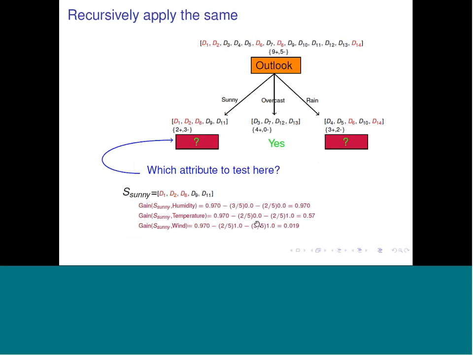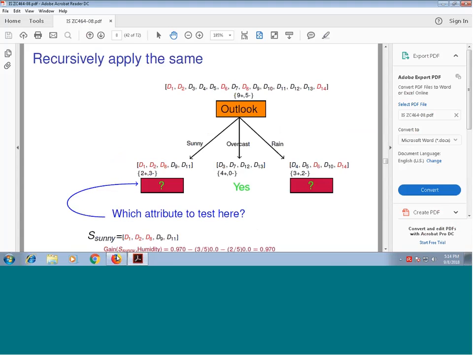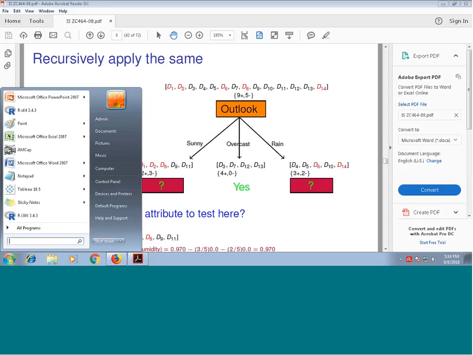And here I again want to thank you for your careful observation that there was a typing mistake. There should be one more term when you divide the S sunny with respect to temperature, and that would be 1 by 5. And since the entropy for that particular sub database would be 0, therefore the value is not going to be affected. Okay, but there should be one more term, that is minus 1 by 5. Let me just write down over here, so that it becomes complete.